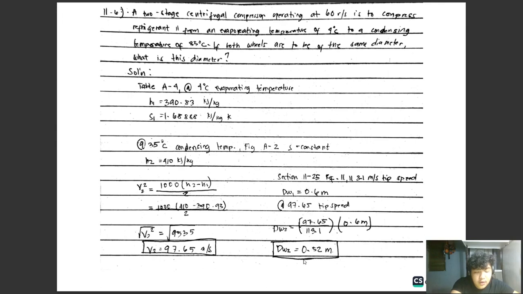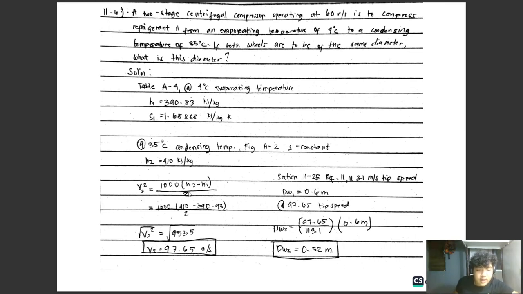So to solve for v2 squared, our formula for it is equal to 1000 multiplied by h2 minus h1 over 2.